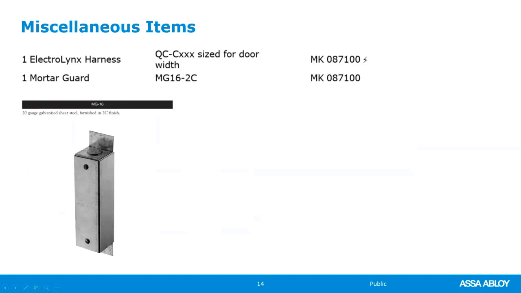And it's easier to put this in the specification set, and whoever is detailing the project, if you've got a combination, some doors in this set are in masonry walls and some are in drywall, sheetrock walls, you don't need to include this for those that are in sheetrock. You can just omit this. But every place where you've got a masonry condition, you want to use the Mortar Guard.